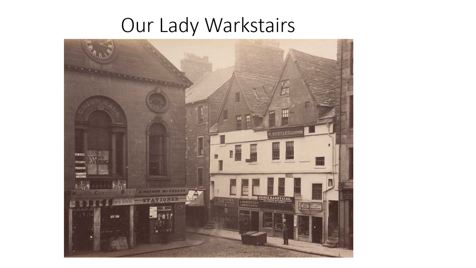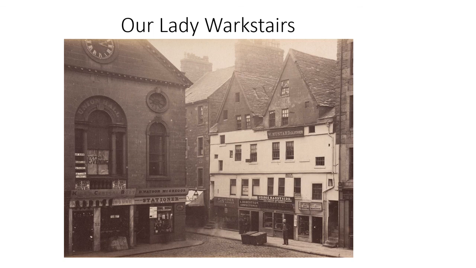Now, they weren't the only buildings to go at this time. Also lost at this time was one of Dundee's oldest surviving buildings and one of Dundee's popular ancient buildings at the time. That's how it was described anyway, Our Lady Workstairs. A lovely name. There's all sorts of theories to the origins, which I'll not bore you by going into now. But you can see here it's stood beside Union Hall and was, as I say, recognised in the press as a remarkable survivor of an earlier age.